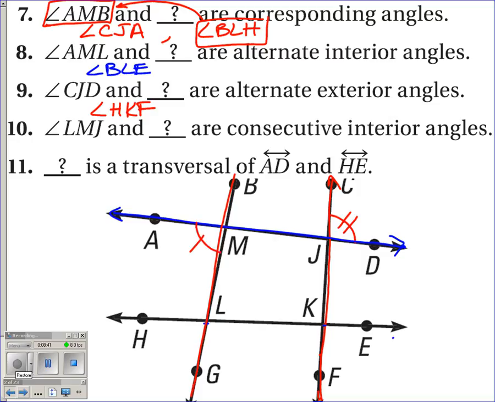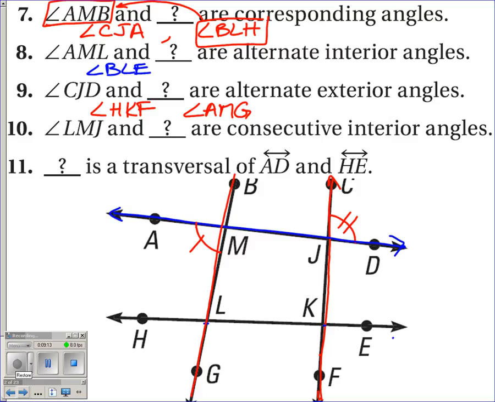And so we would say angle AMG. Angle AMG is also alternate exterior with that original angle CJD. Now remember, these two in red are not alternate exterior with each other necessarily. It's just CJD and angle HKF are alternate exterior, and also angle CJD and angle AMG are alternate exterior angles.